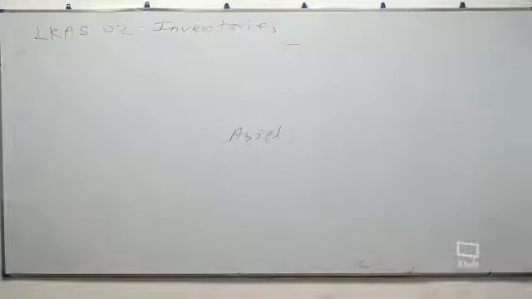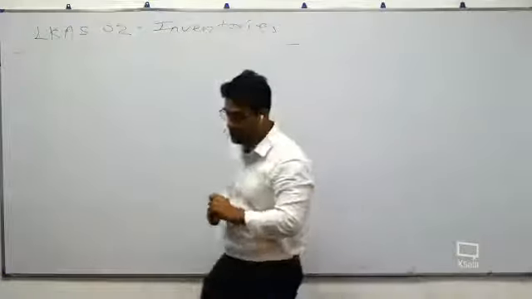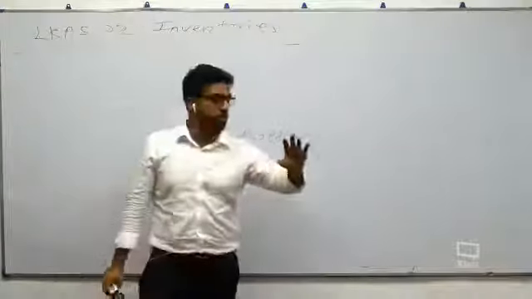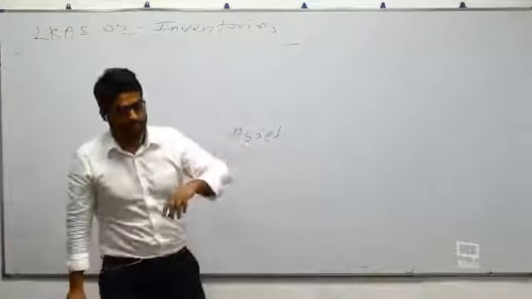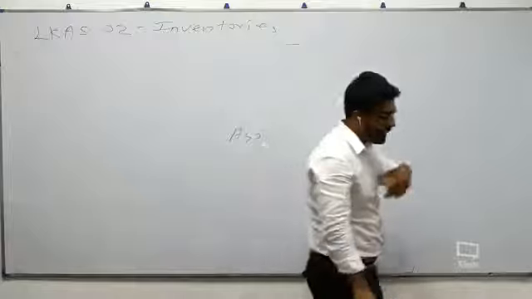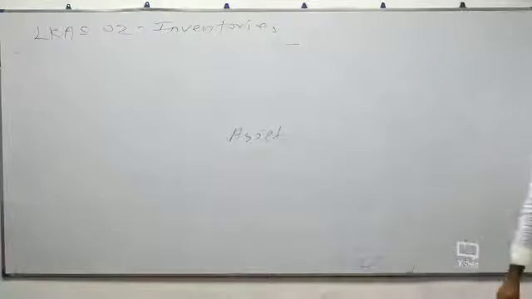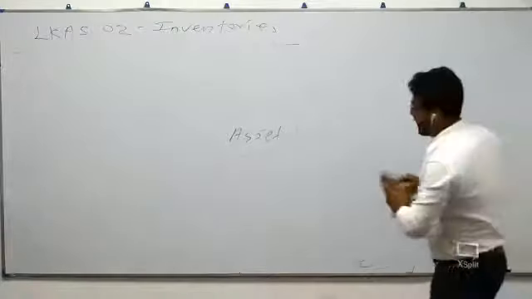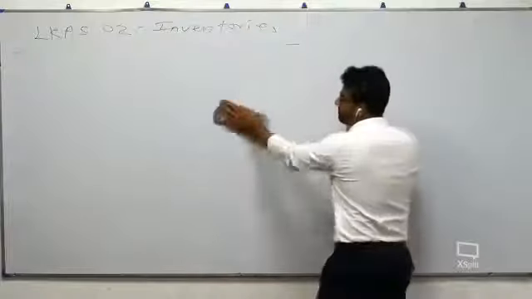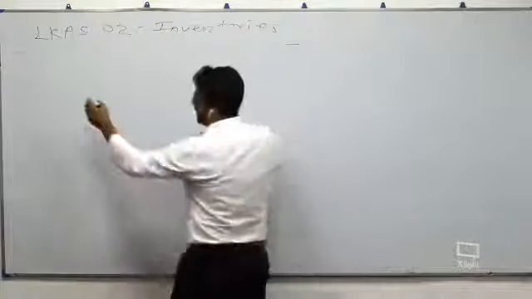Can you tell me what the 4th one is? NRV of inventory, net realizable value of inventory. The importance of that I'll tell you later. But write the heading down: NRV, we call it net realizable value.